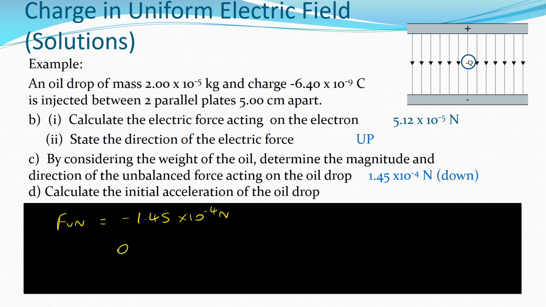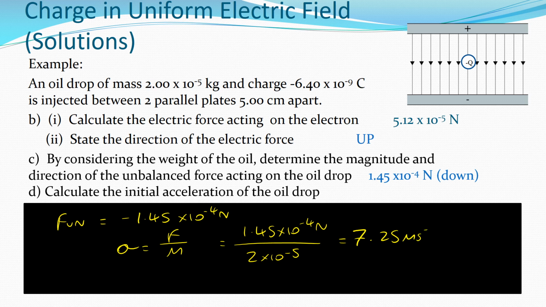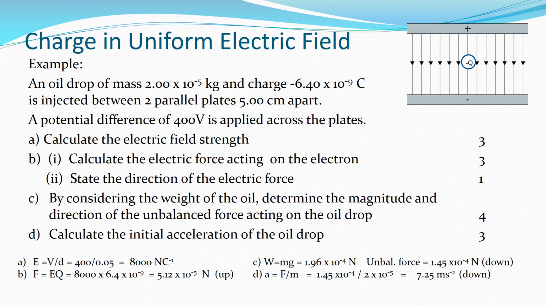So the acceleration is going to be F over m, which is 1.45 times 10 to the negative 4 newtons divided by our mass, which is 2 times 10 to the negative 5, giving us an overall acceleration of 7.25 meters per second squared, and that is down, because it's in the initial direction. So here's the questions and all the solutions.